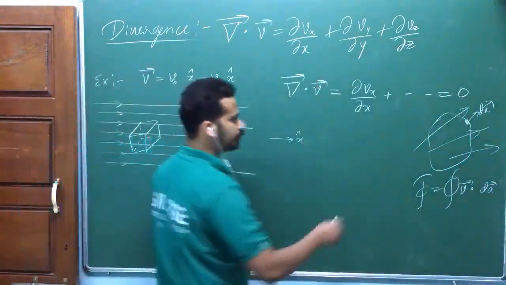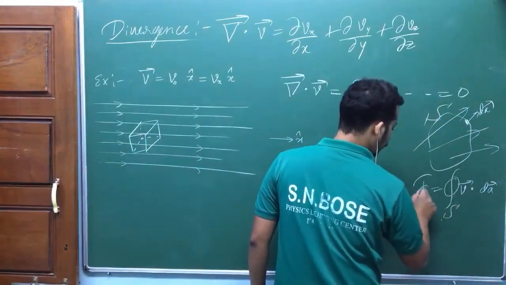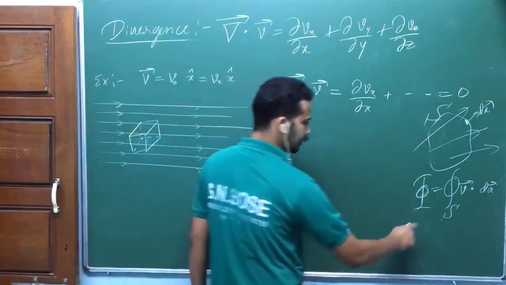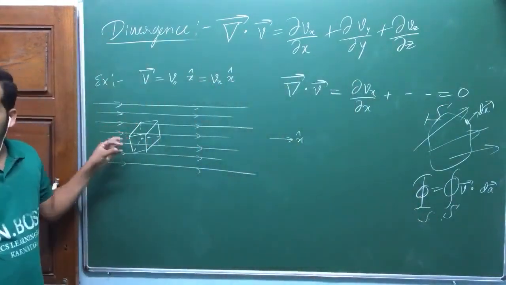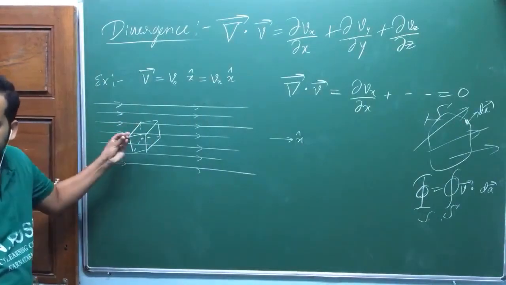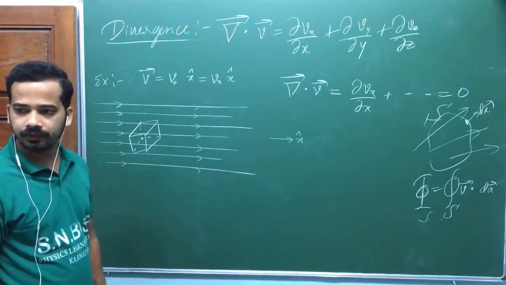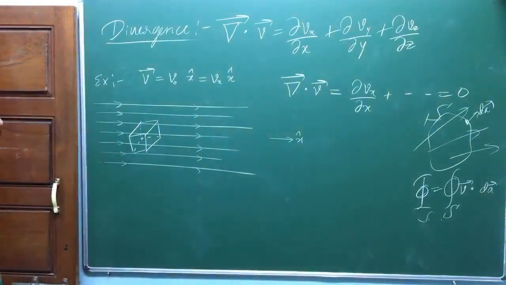So total flux through the surface. Now you just take an infinitesimal volume element, closed surface, net flux is 0, or the volume density of outward flux is 0. Is that okay? So divergence is 0. That's one example.